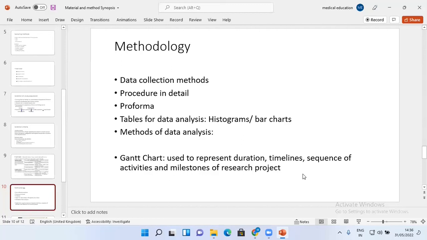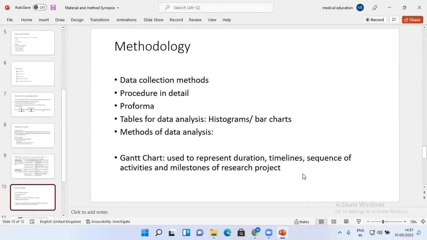In other words, if you have a conference coming in the month of September, your abstract will be asked at the time of registration in the month of May. So you should be ready by that time with the complete data analysis. You have to prepare the abstract and send it for presentation. If it gets selected, you have to do your oral presentation.